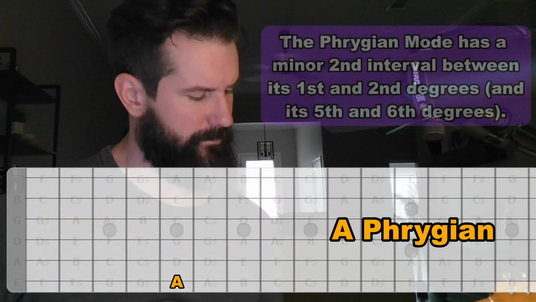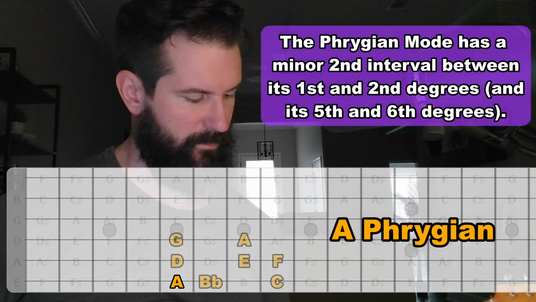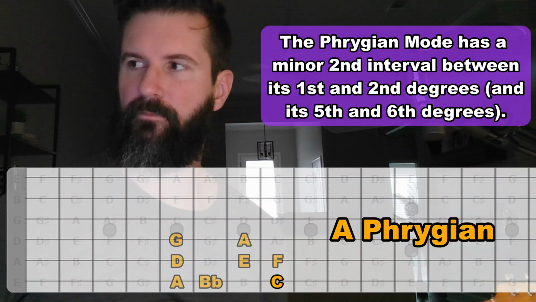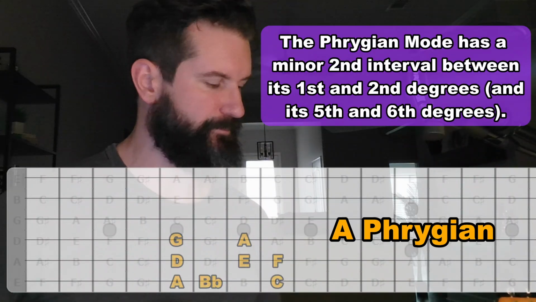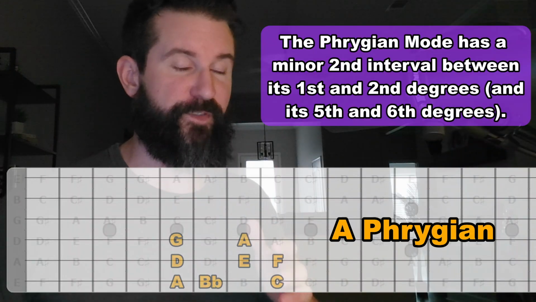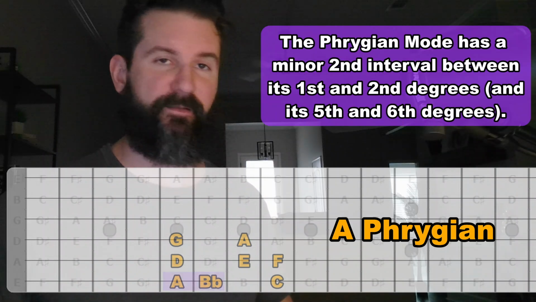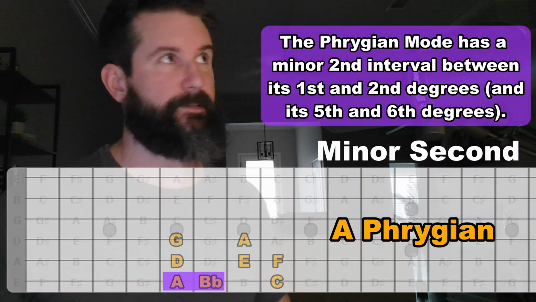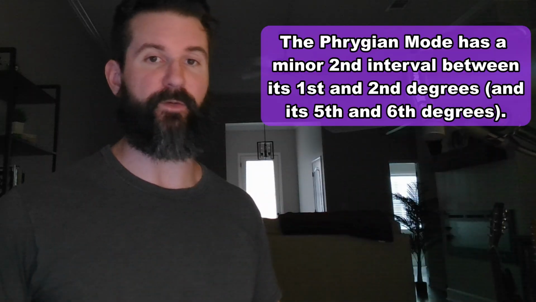If we were in the Phrygian mode, anyway, if we're in Phrygian, if you know we're in Phrygian and I know we're in Phrygian, then we both know what that means, and we know that the second note in Phrygian is a minor second, as opposed to in every other mode of the major scale, except for Locrian, which we are probably not going to be in.